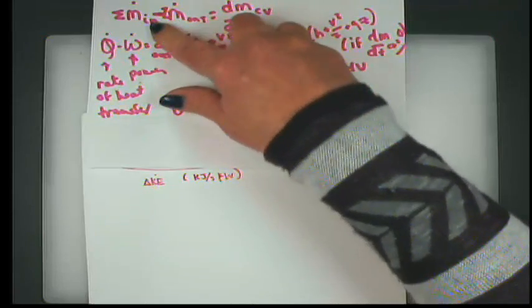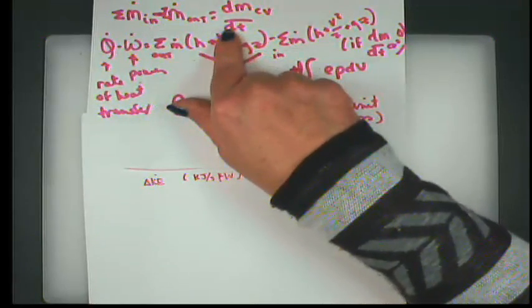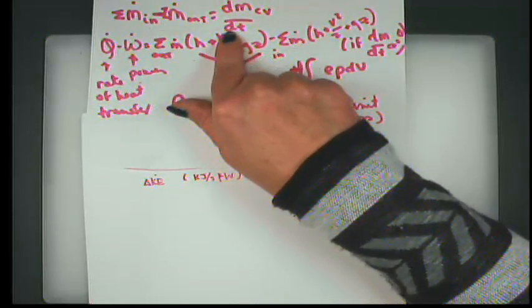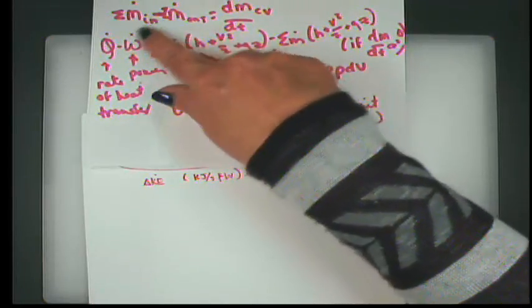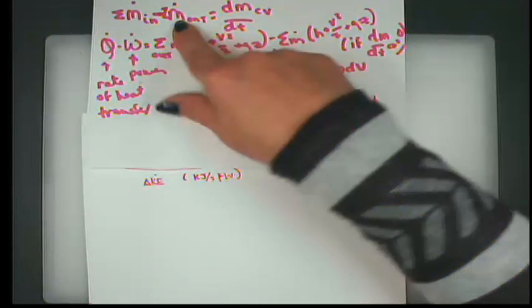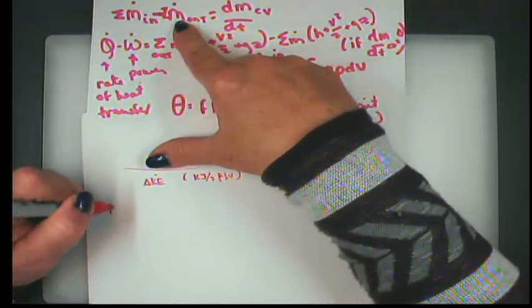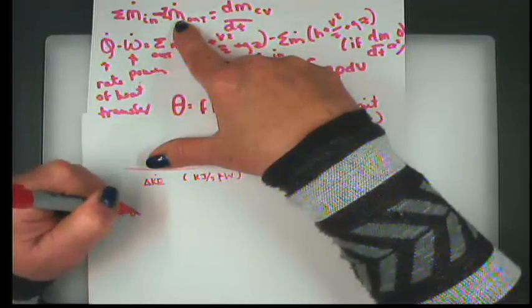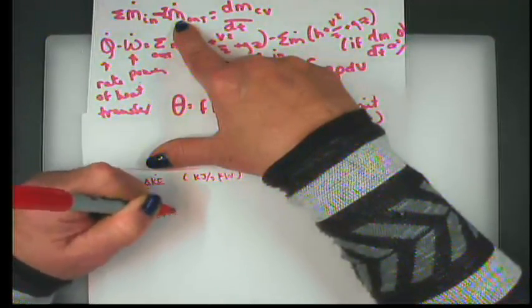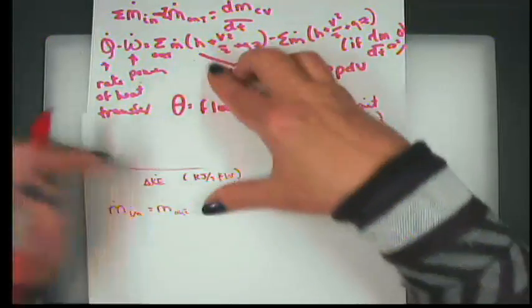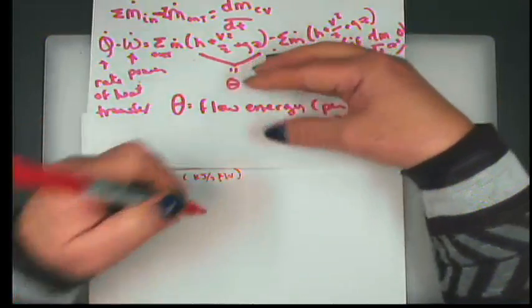Since this is a turbine, we're not accumulating or discharging mass. The mass is just a pass-through, and we have just one inlet and one outlet. So the mass flow rate in is equal to the mass flow rate out, and we're told that value: 12 kilograms per second.